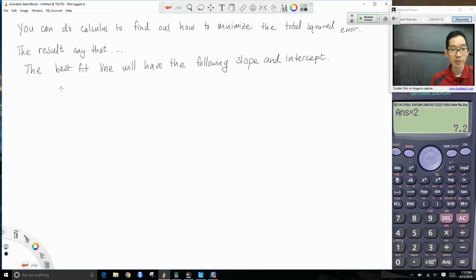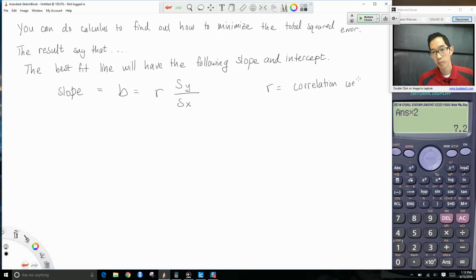Okay, so the slope is b, and this will be r times the standard deviation of y divided by the standard deviation of x. Okay, so r, what is r? This is our correlation coefficient. S sub y is the standard deviation of the y values. S sub x will be the standard deviation of the x values.